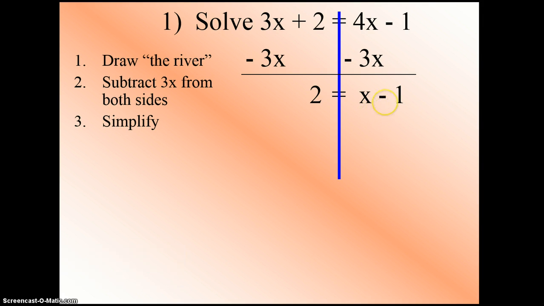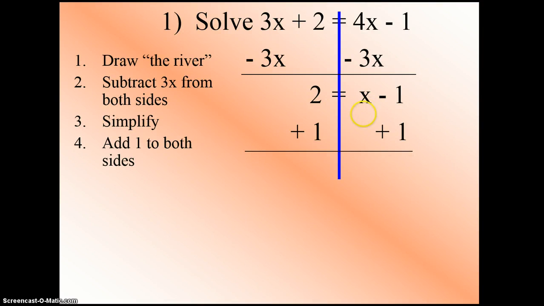So I want to move that negative 1 by adding it to both sides, because the opposite of subtract is add. I'm going to add 1 to both sides of the equation. That eliminates these numbers right here and leaves me with x. 2 plus 1 is 3. So when I simplify, it's 3 equals x, or x equals 3.